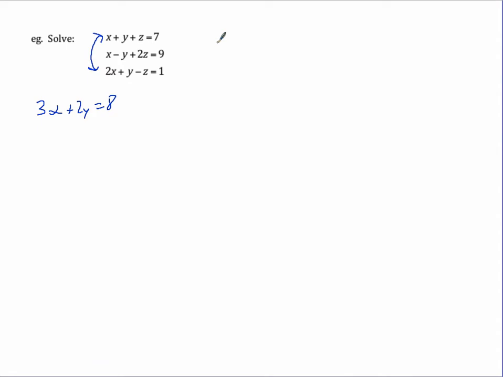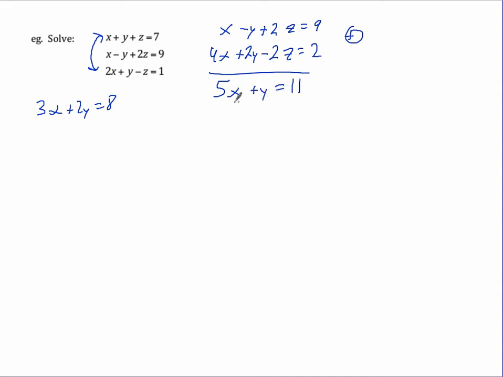And now let's do x minus, what's the second one. Now we need to use the second one because we used the other two. Okay, and I'm going to take the last one and multiply by 2, and we get 4x plus 2y minus 2z equals 2, and then we can add these together and the z's will cancel. 5x plus y equals 11, and I'm going to bring that over here and multiply by 2, so 10x plus 2y equals 22.